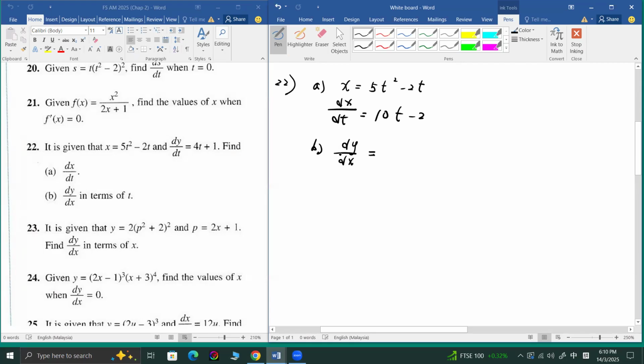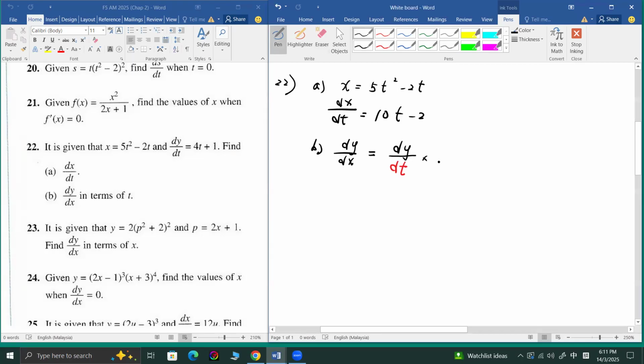I see from here, class, dy/dx, I can separate it like this. Why? To see the relation. Class, you see the relation here? Given dy/dt. Can you see that? Given dy/dt.